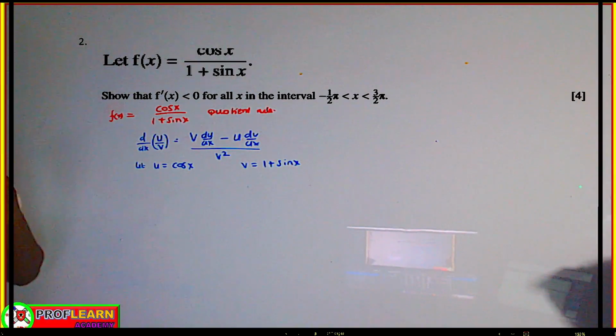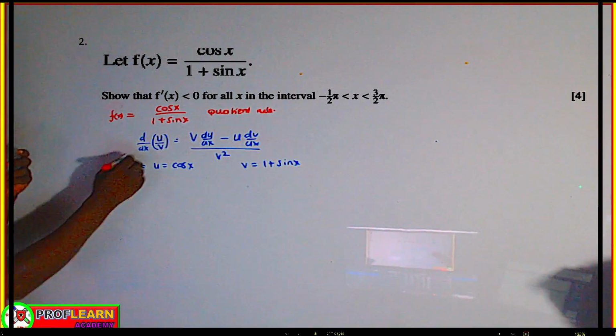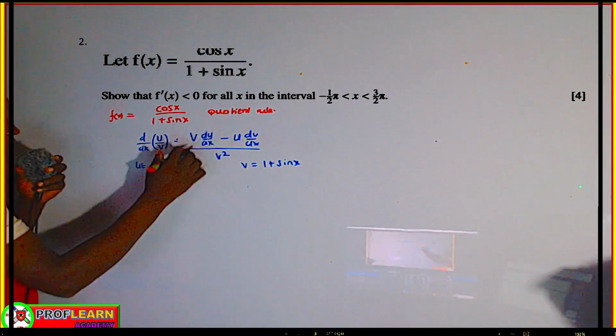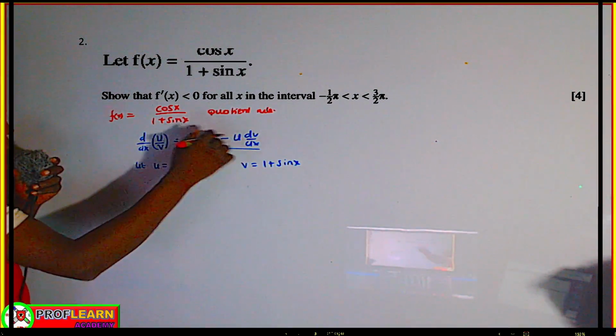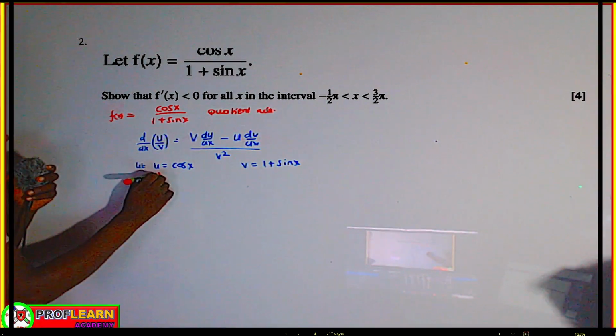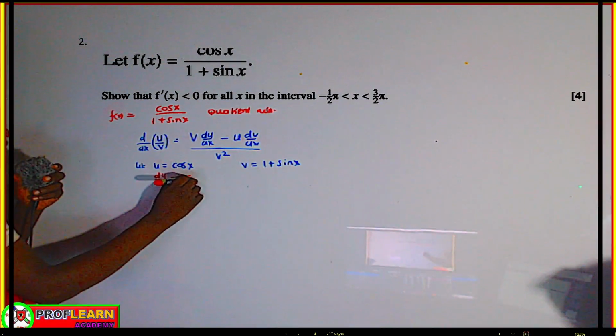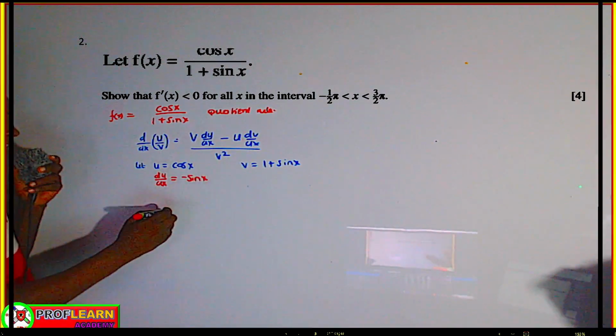As we did in the previous question, since we are going to use dv/dx and du/dx, we can decide at this first step to find du/dx, and this is going to be negative sin x.